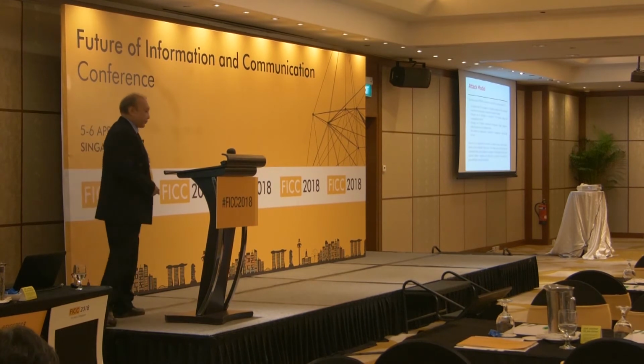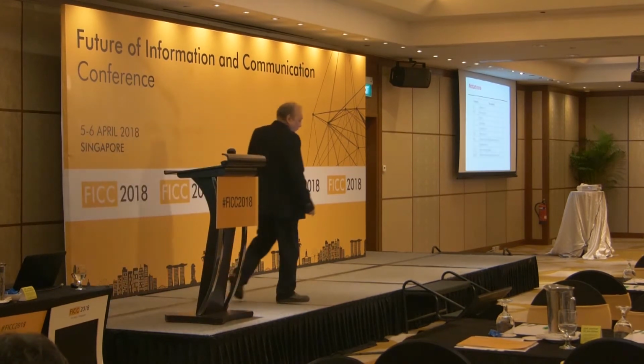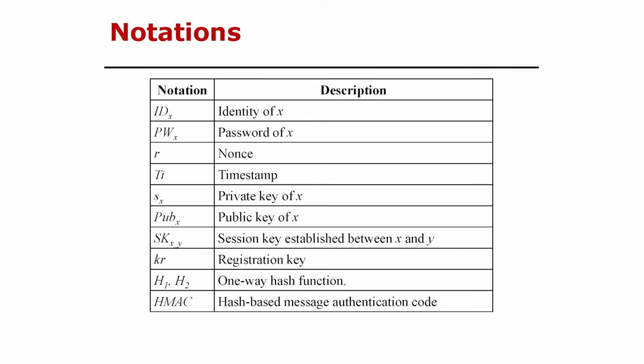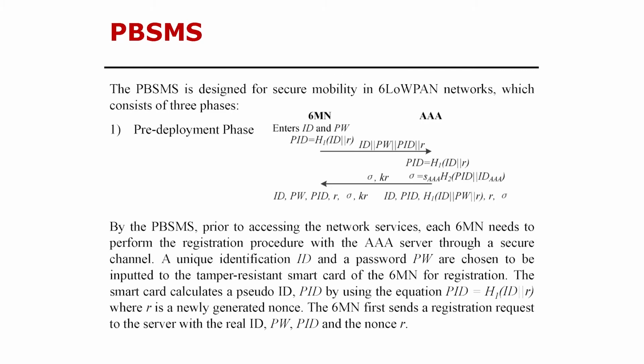We also have some notation defined, including the identity of the mobile node, the password of the mobile node, the nonce produced, the timestamp, the private key, and so on. And we design the authentication scheme in three phases. The first phase is called the pre-deployment phase, which is the initialization phase.